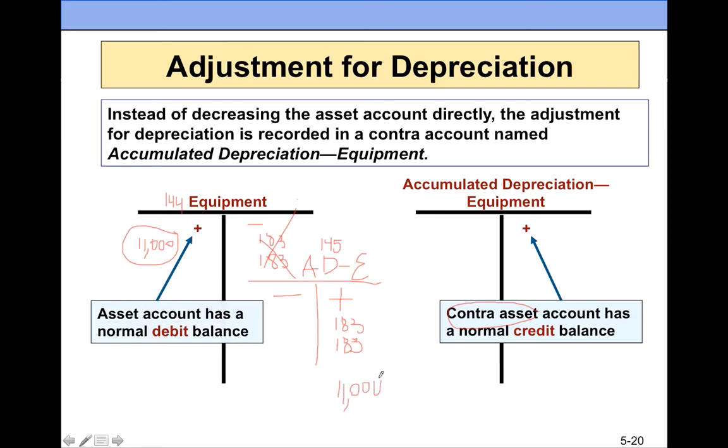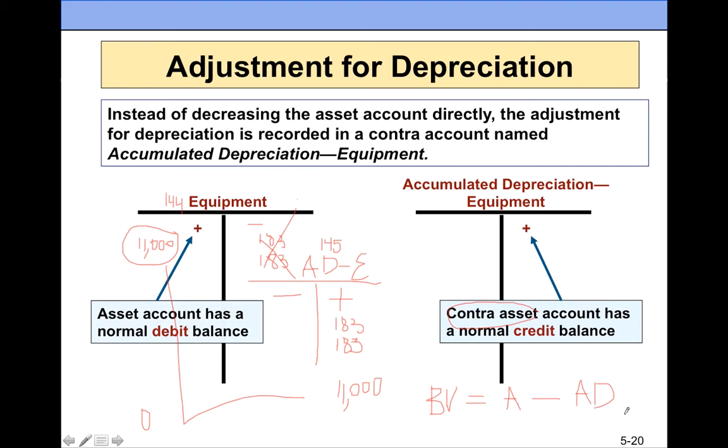What would be the difference between the main account and the contra account? It will be 0. So another term you need to know is book value, the value of the long-term asset on the books. It's your main asset account, such as equipment, minus its accumulated depreciation, or its cost minus total accumulated depreciation.